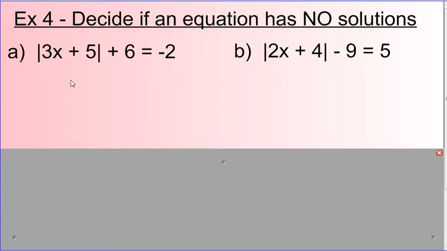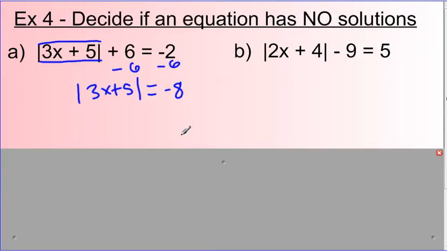So let's see here. To get this absolute value stuff by itself, think of it as our variable. That stuff is being added to 6. So if we subtract 6, we get the absolute value of 3x plus 5 equals a negative 8. The absolute value is by itself now, and can absolute value equal negative 8?